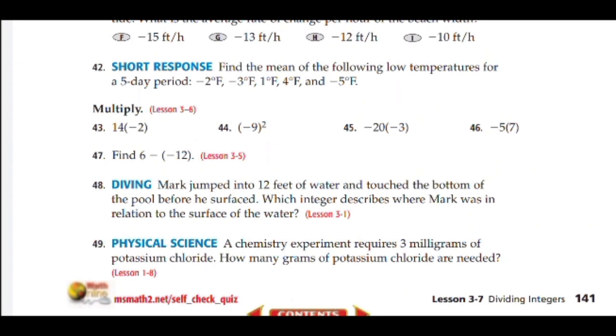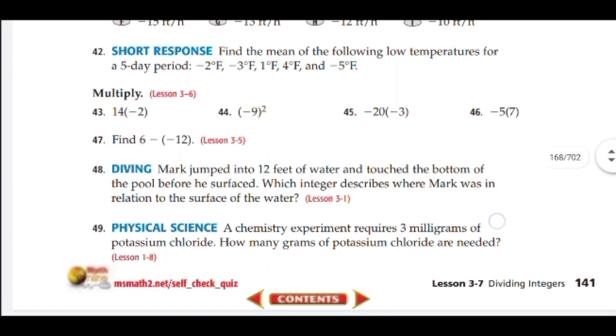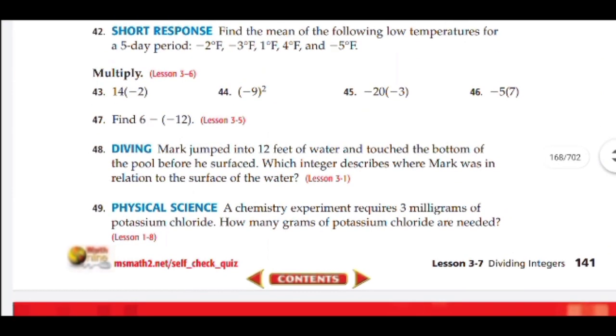Mark jumped into 11 feet of water and touched the bottom of the pool before he surfaced. Which integer describes where Mark was in relation to the surface of the water?